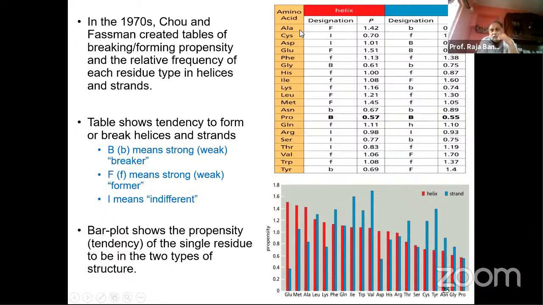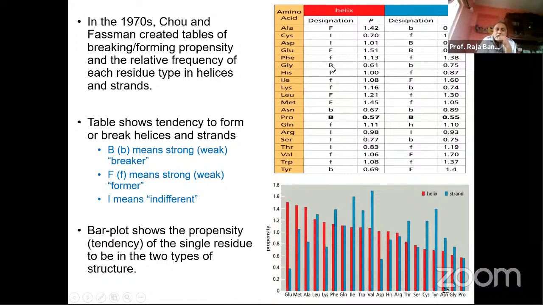So for the helix, capital F is strong former, and the propensity is 1.42. Methionine is 1.45, glutamic acid 1.51. So these are strong helix formers. But proline at 0.57 is capital B, the strong breaker. Glycine is also a strong breaker.